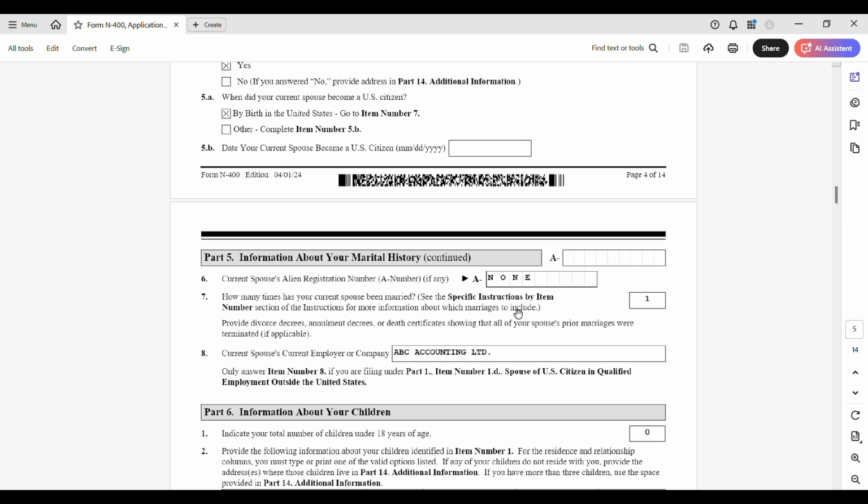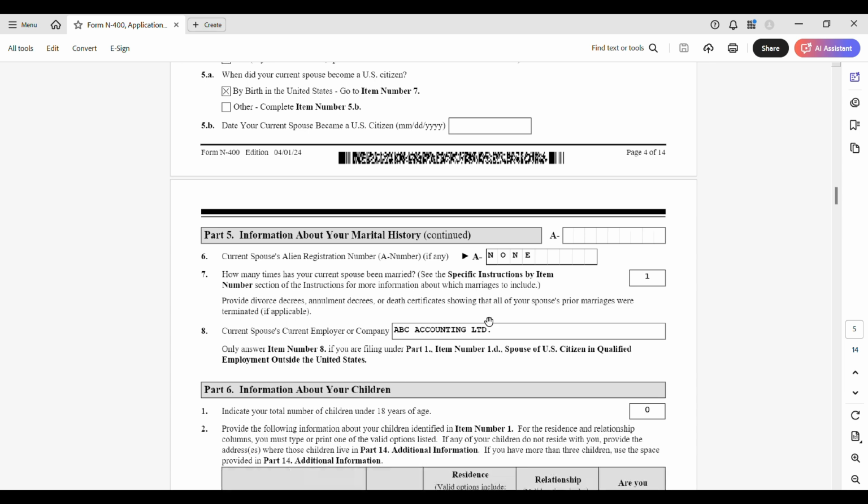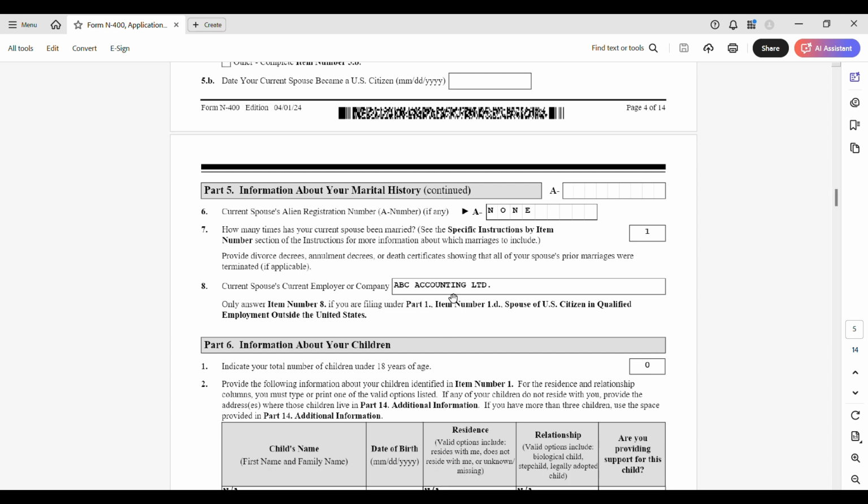See the specific instructions by item number section of the instructions for more information about which marriages to include. Provide divorce decrees, annulment decrees, or death certificates showing that all of your spouse's prior marriages were terminated if applicable. So it would not be applicable in this case since this person has only been married once.